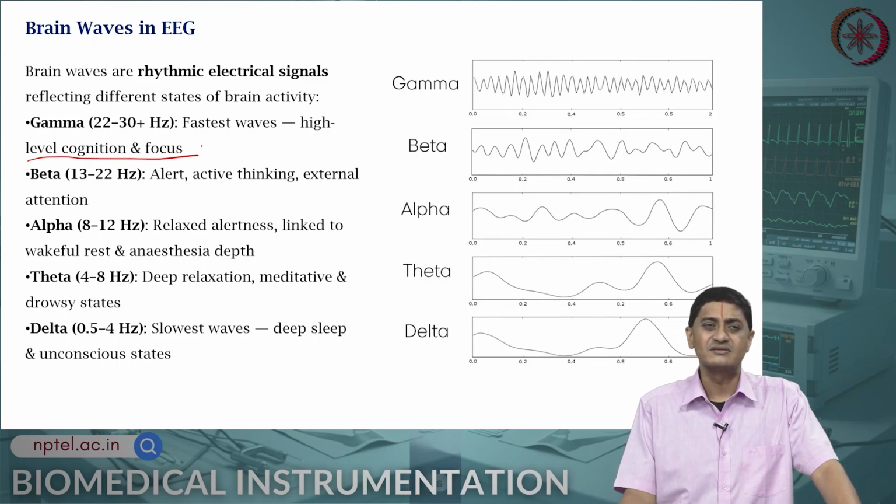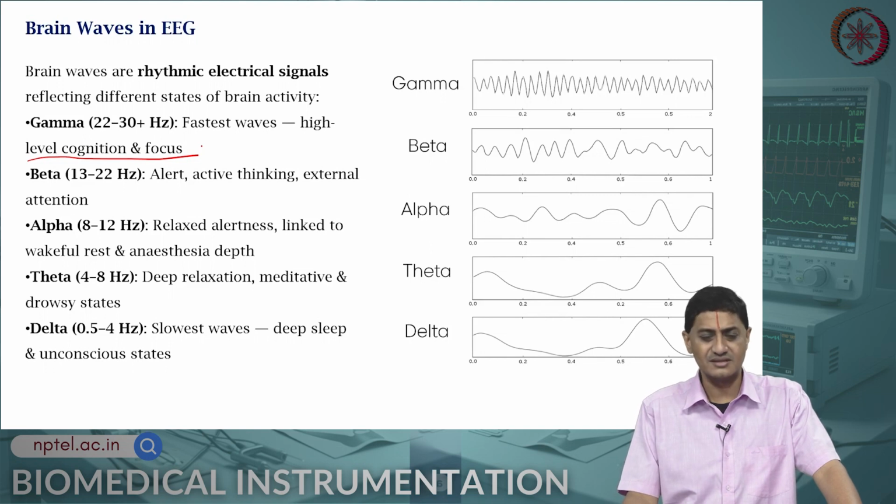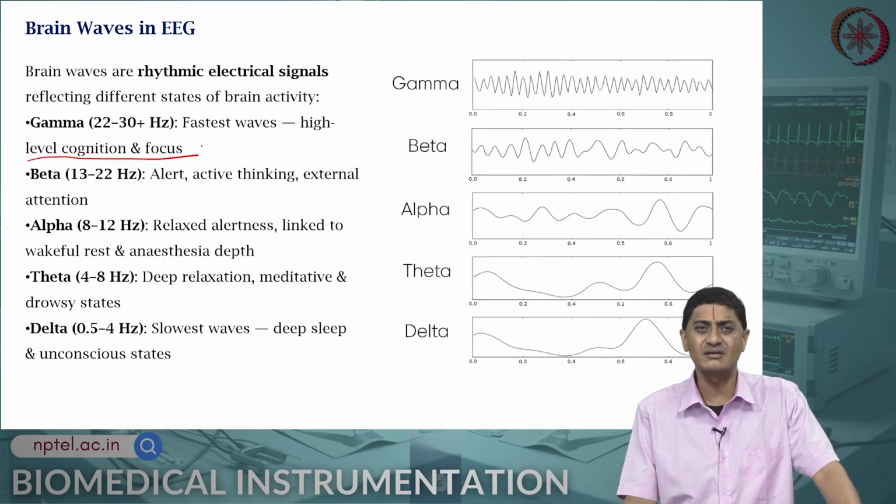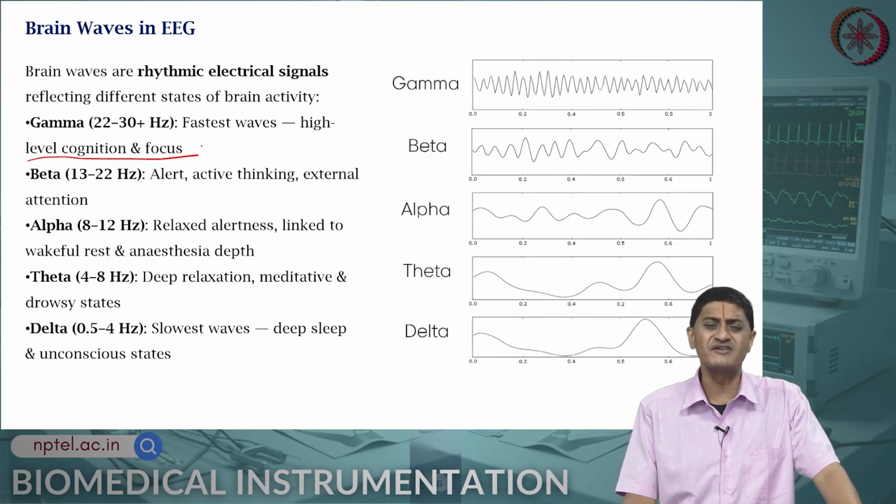Beta waves, when the person is alert and actively thinking and attending to something external, or an active person, are between 13 and 22 hertz. Then alpha waves are between 8 and 12 hertz.